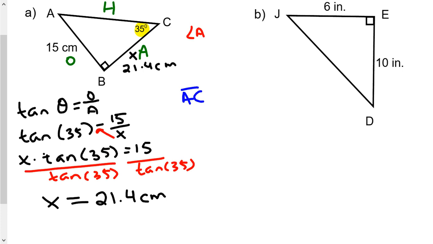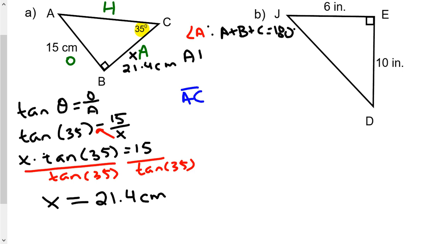I could say, all right, now I have two side lengths, and let's use the tangent ratio again from angle A. Or I can say, hey, I know two of those angles now. I know that angle A, B, and C are going to total to 180 degrees. And I know angle C, and I know angle B because that's my right angle.